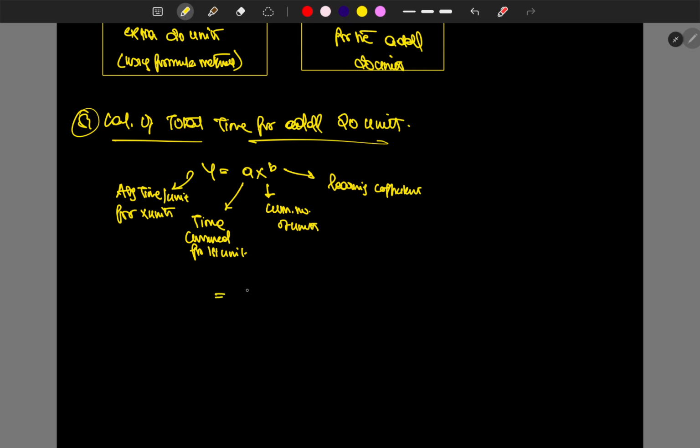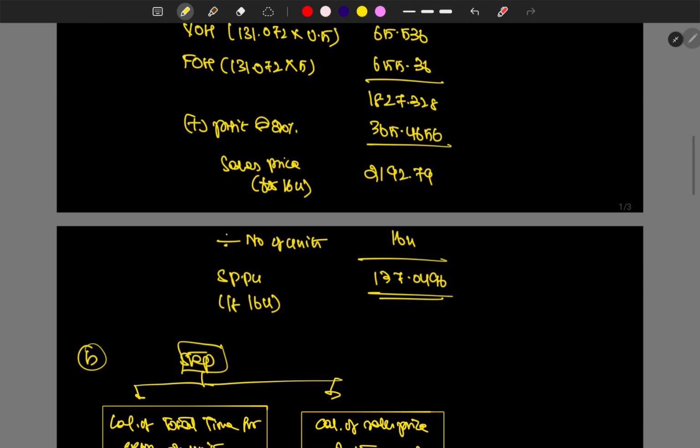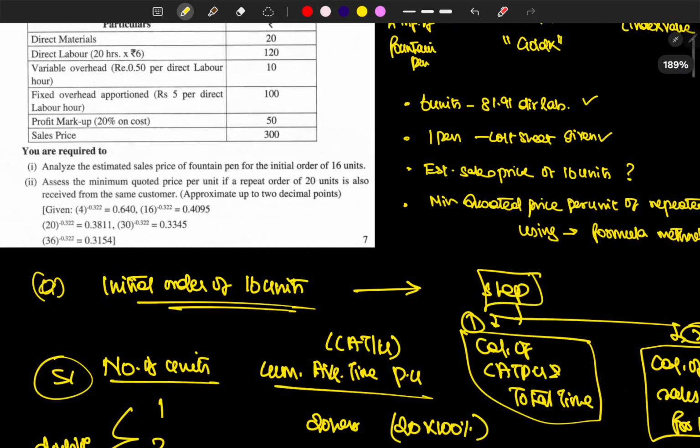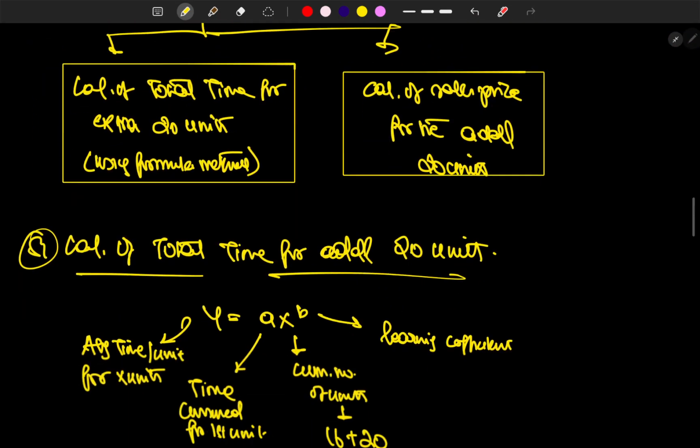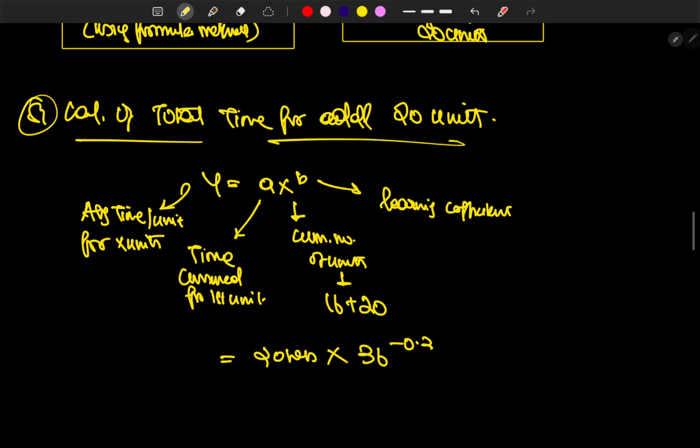We have the time consumed for the first unit, which is 20 hours. Then the cumulative number of units: we have to produce 36 units, right? 20 units is the additional units, and 16 were already produced, so 36. The learning coefficient is given in the question, which is minus 0.322.